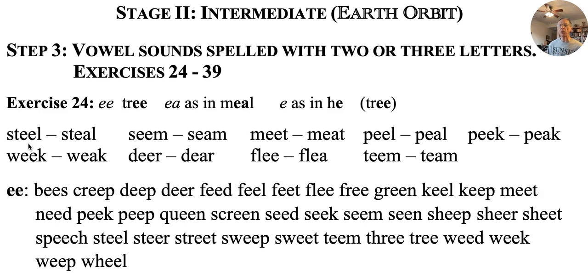Steel. Then you would repeat the word steel, and you would spell it with the letter names: S-T-E-E-L, steel. Either spell it with the letter names or write it, or both. Remember to say the word, spell the word, say the word again.